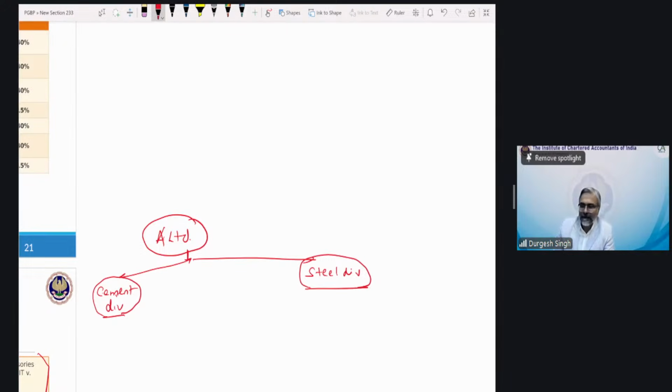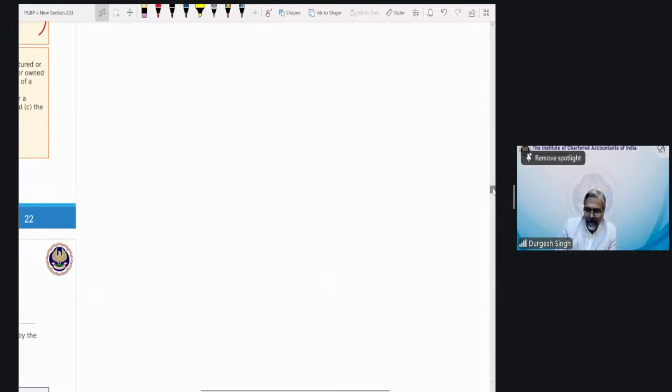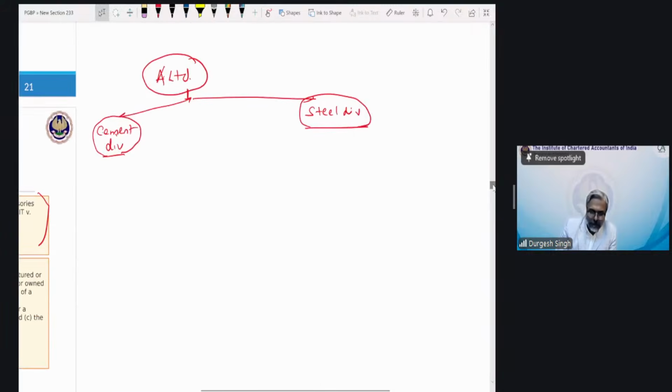Can you see that? Cement and steel. Perfect. Now they have given you something about this. Here there's a factory building. Then they have the plant in this context. Then they have got a furniture.